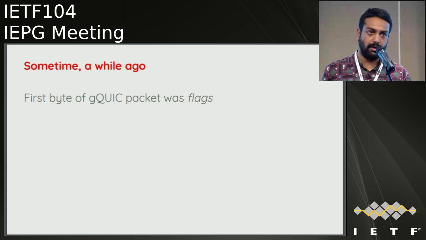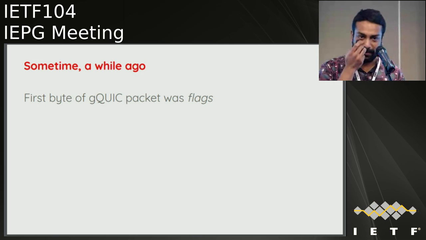The first byte of the packet header was the flags byte, and you all know what a flags byte means, right? It has bits that you turn on and off. We decided to flip a bit because we wanted to change a particular behavior in the header. This was before QUIC was even published as an IETF draft.